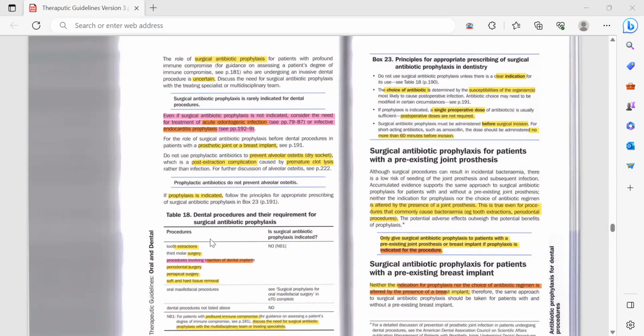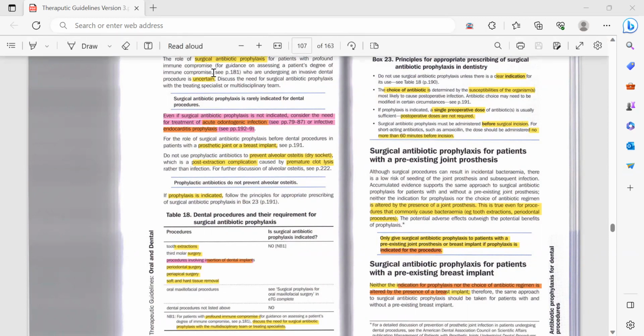So for almost all of these surgeries or these procedures, they said no, because only for the immunocompromised patient who has the profound immunocompromise, only for those patients we need to discuss with their specialist, but otherwise we do not usually prescribe any antibiotic for the patients.